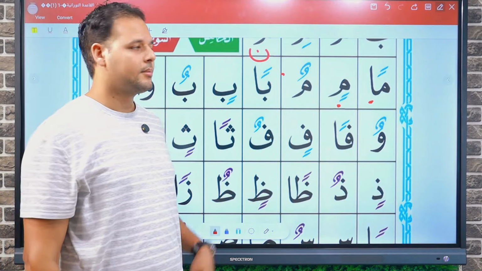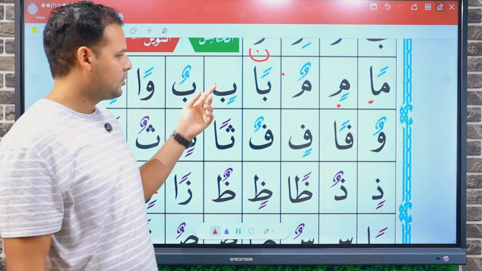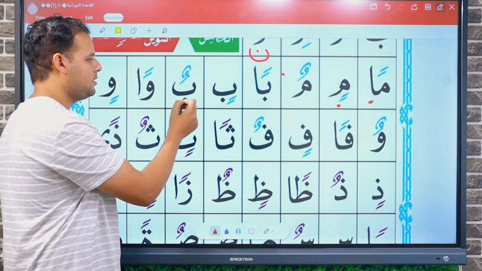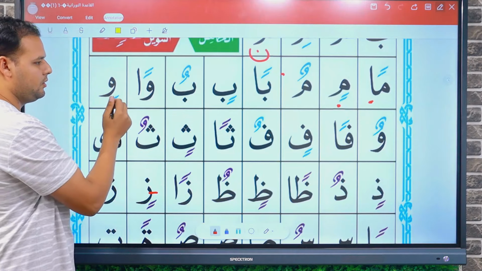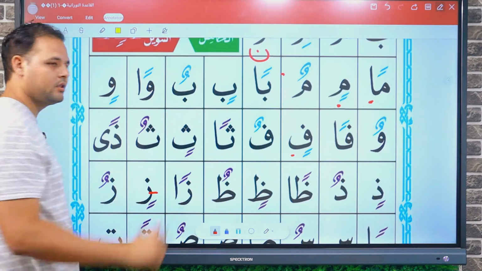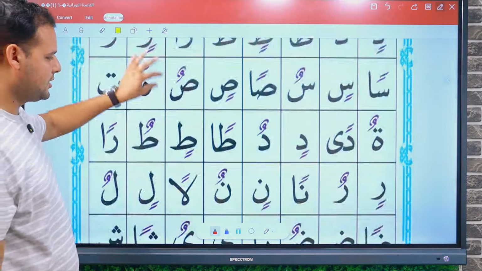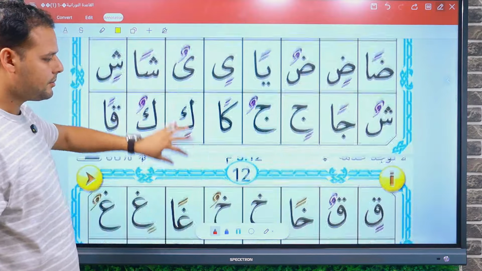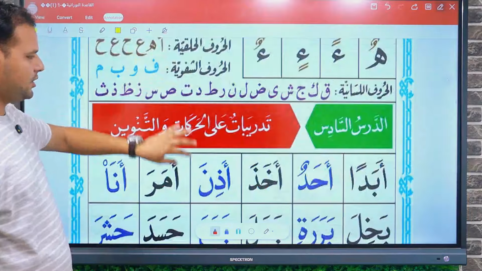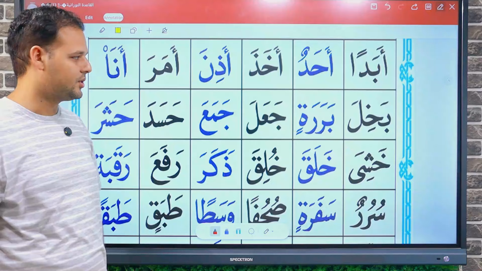Man, min, mun, like that. So here is going to be ban, bin, bun, wan, win, wun, fan, fin, fun, okay, and so on. Try to exercise this page as well. And then you've just finished 80% of the language reading.